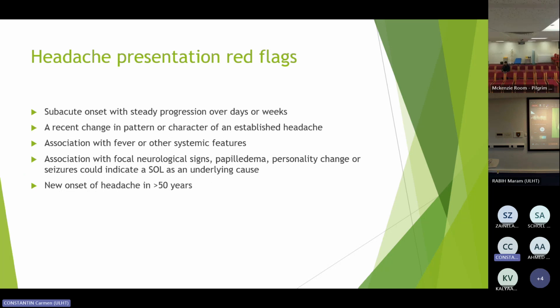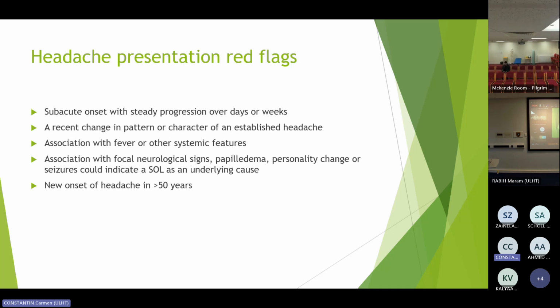So the red flags which we should use in our practice are the following. Subacute onset of headache with steady progression over days or weeks. Also a recent change in the pattern of a known long-standing headache.